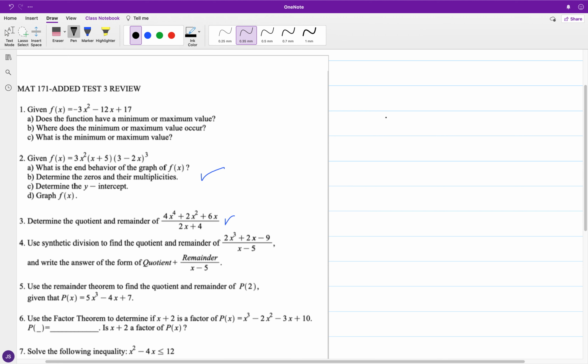And we have for this given function, okay, so again, the function laid out in standard form. And what is going to be the minimum or the maximum is going to be referring to the vertex. Okay, so again, we have f of x is equal to negative 3x squared minus 12x plus 17.